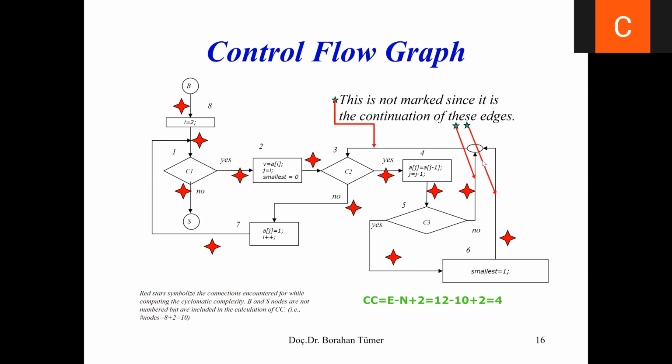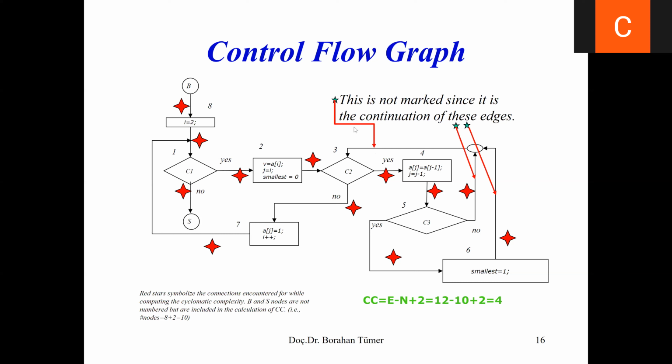Okay, Ömer Faruk Okumuş has a question. Why didn't we count the one that is not marked? You're talking about an edge, I guess. Is it this edge here? Okay, I have answered you here using this text.